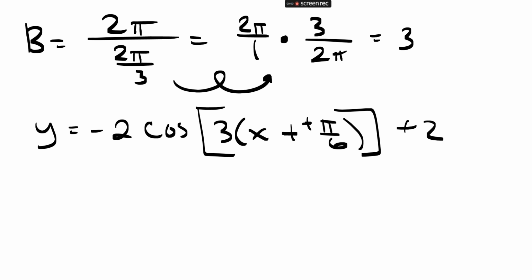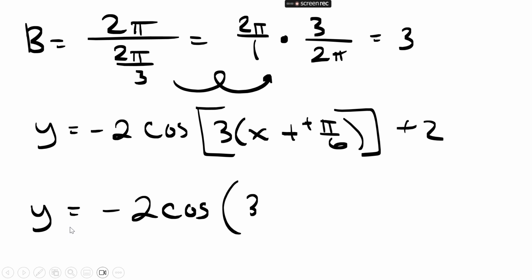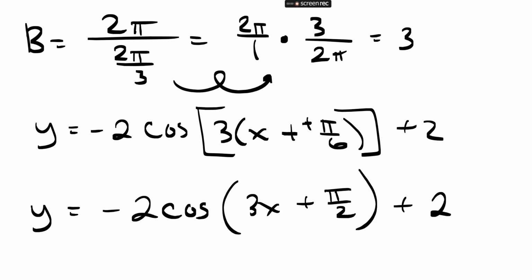That's how much it went up. That's the middle of our graph. Okay, and we've got to simplify it here. y equals negative 2 cosine of, multiply the 3 to the x, multiply the 3 to the pi over 6 makes a pi over 2, plus 2. We are done. Okay, we worked on the phase shift. That's a good thing.